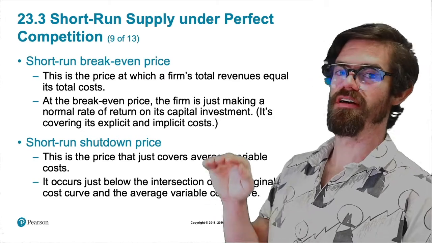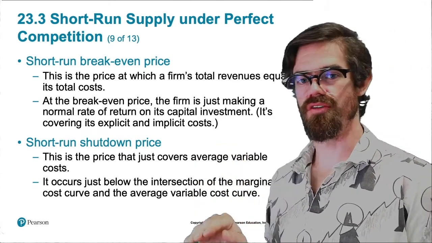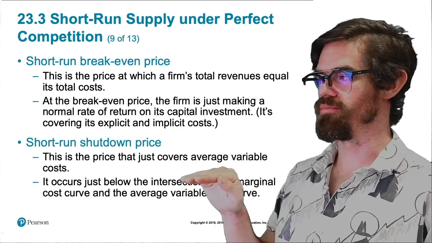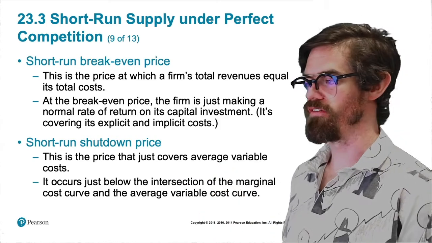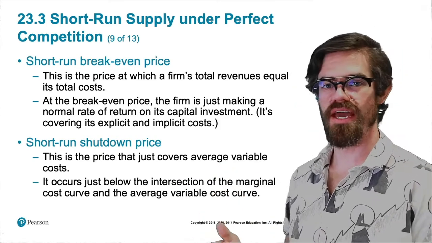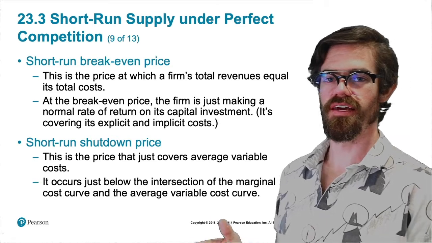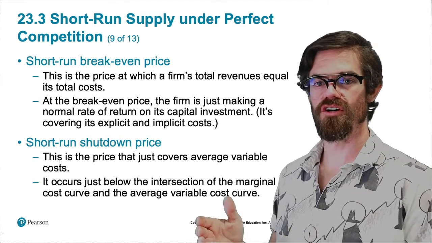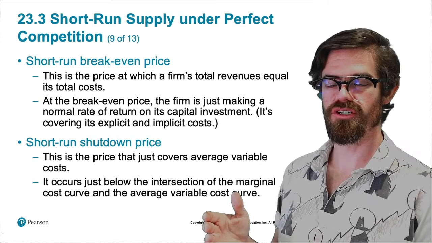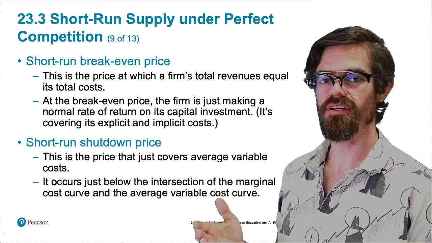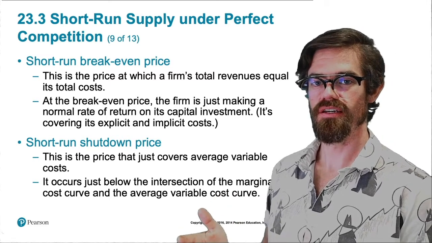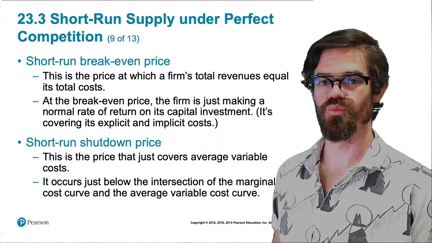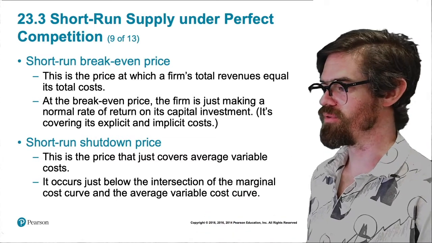And so above that, they make a profit. Below that, they make a loss. And then right at the break-even price, they make zero profit. Okay, so we have two thresholds that are going to tell us what the firm wants to do in terms of producing or shutting down. And then if it is producing, the break-even price is telling us whether it's making a loss or whether it's making a profit.